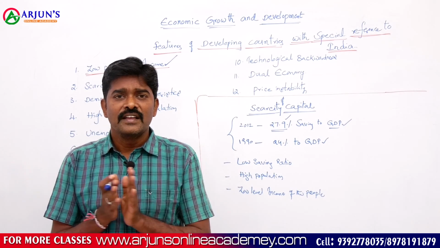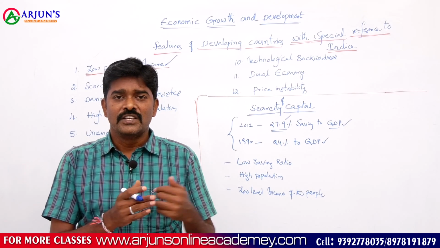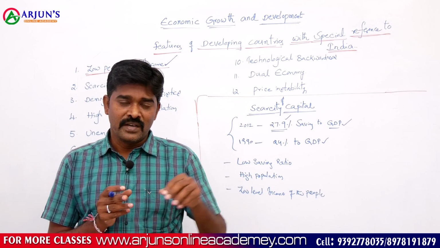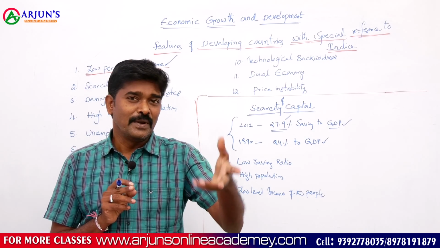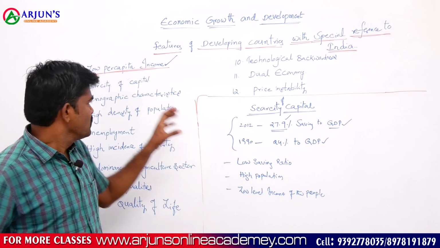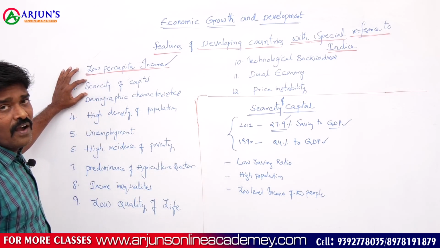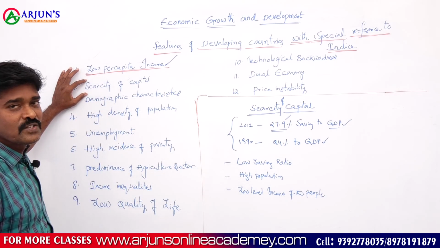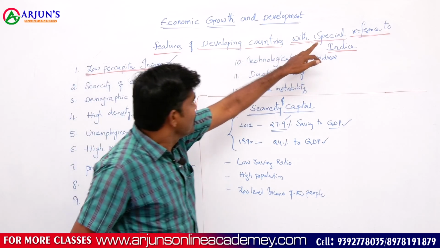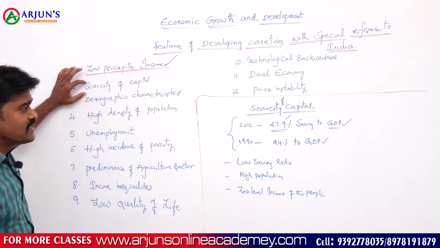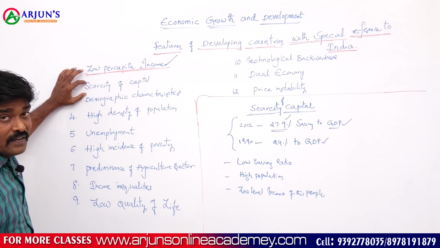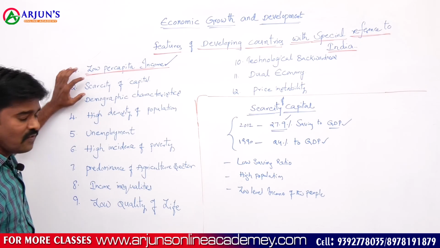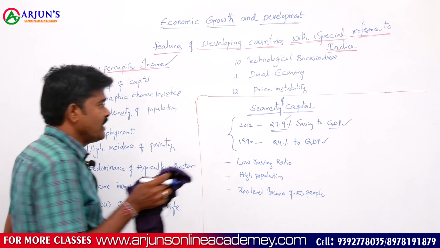Whenever there is a high size of capital formation, it is very easy to make investments, utilize resources and implement advanced technology. So we can say capital formation is very low in developing countries. That means scarcity of capital is another important characteristic feature of a developing economy like India.